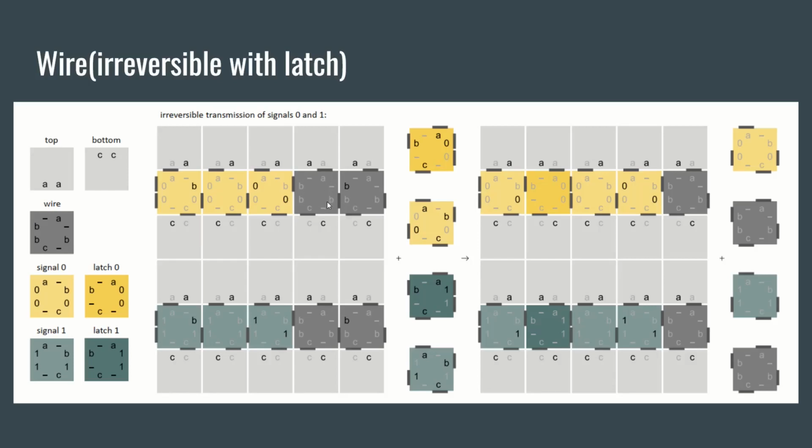So the latch tile replaces the signal tiles, and the signal tiles replace the wire tiles. Here you can see that the latch tile has replaced here. It is also the same for signal one, and there's also a latch one tile here which can be placed, which will replace the signal one tile.